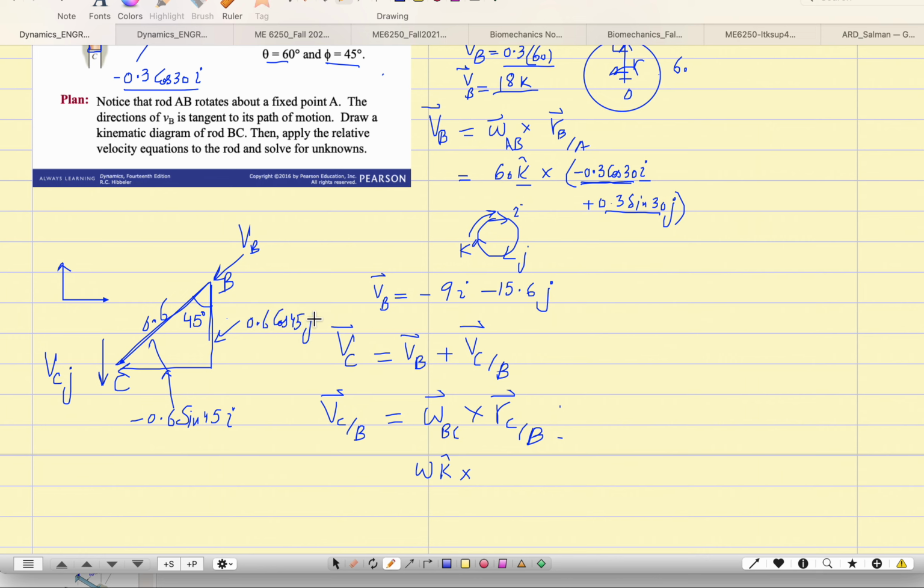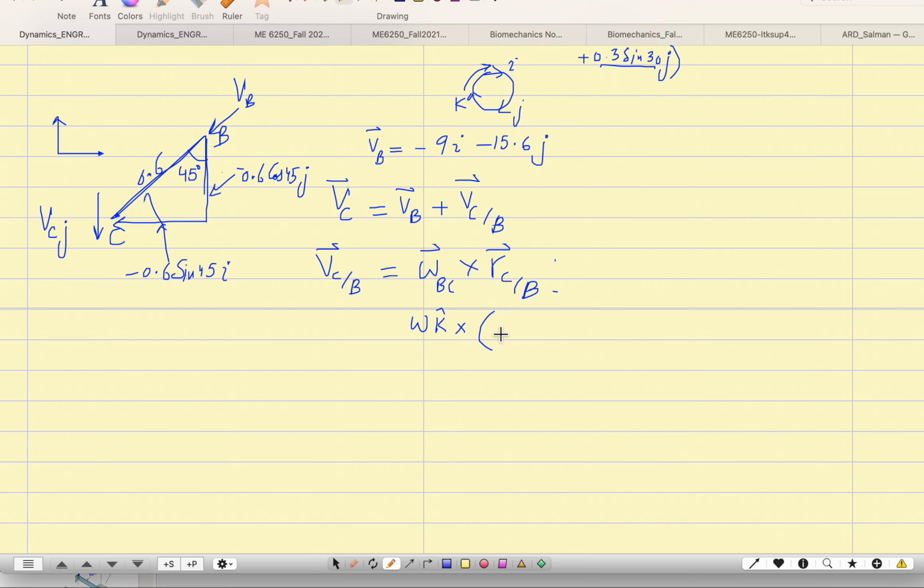Now if you do the math, let's write down here. Can you see, guys? Minus 0.6 sine 45 I unit vector, negative 0.6 cosine 45 j unit vector, and now you will multiply it by k.